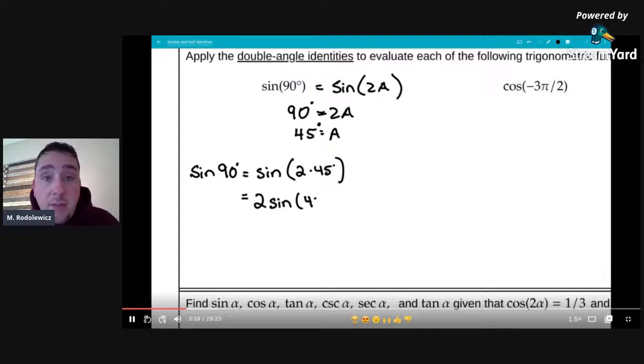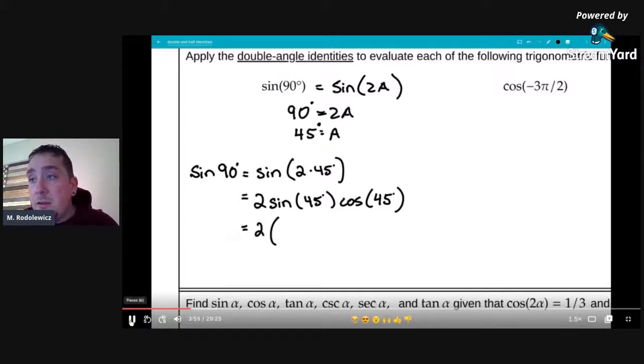And now I'm just applying the identity: 2 times the sine of A times the cosine of A. In the next step, I'm about to evaluate the trig functions sine 45 degrees and cosine 45 degrees, and then what will follow is arithmetic.